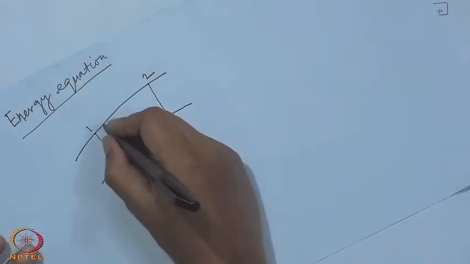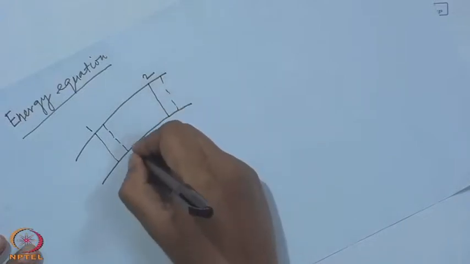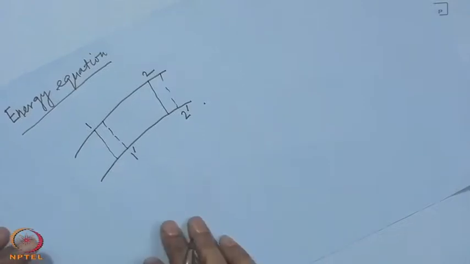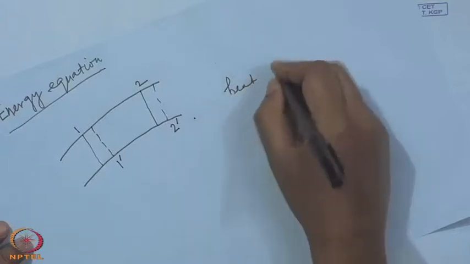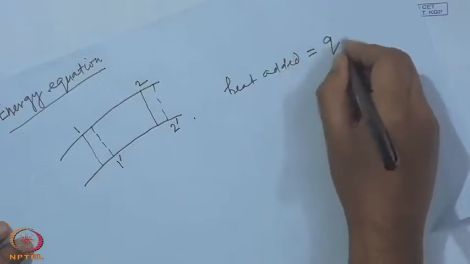Now, consider a small time interval in which the fluid contained between these two stations 1 and 2 is displaced to another region bounded by stations 1 prime and 2 prime. And let us say that during this time period a quantity of heat, which we denote by Q, is added.